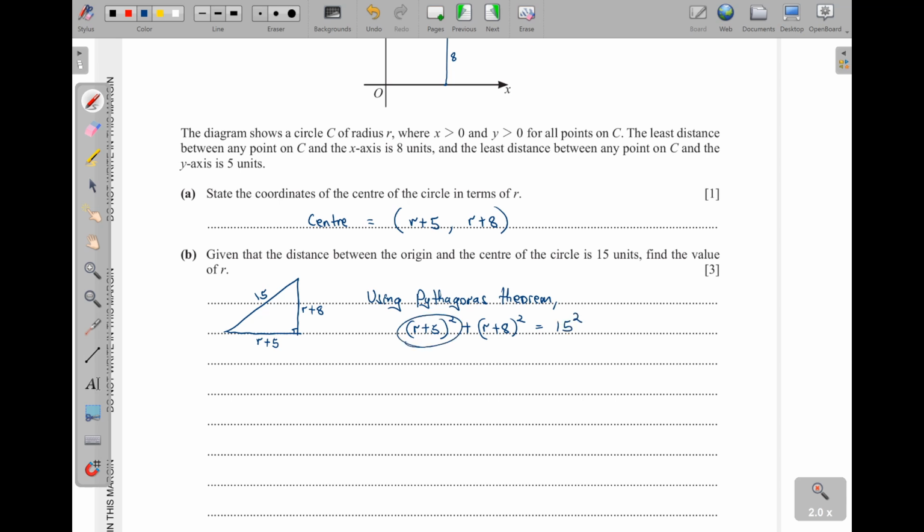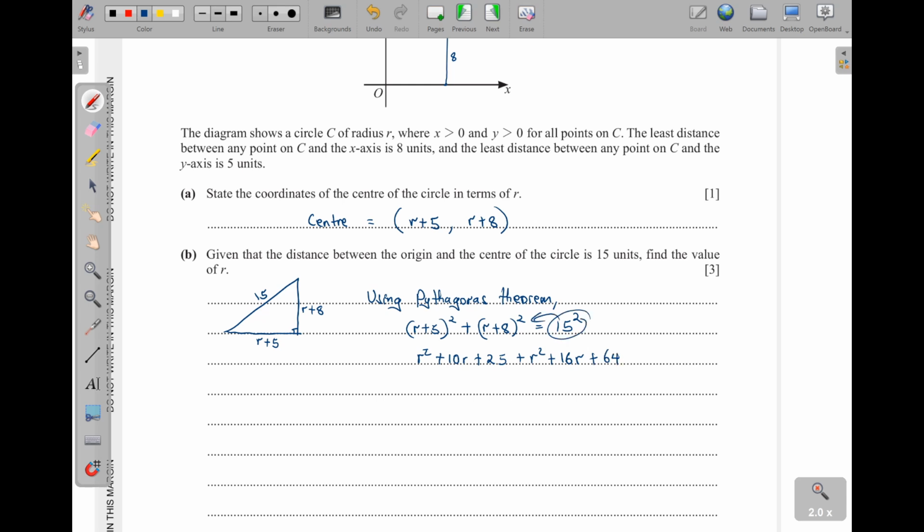When we expand, we get r squared, then 2 times r times 5, that is 10r, then 5 squared is 25. Then r squared, then 2 times r times 8, that is 16r, and 8 squared is 64.